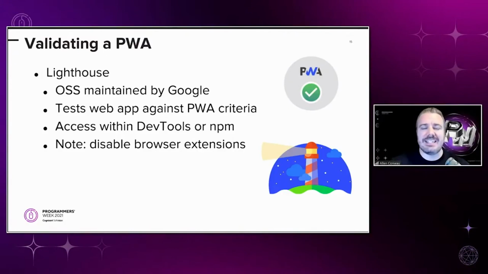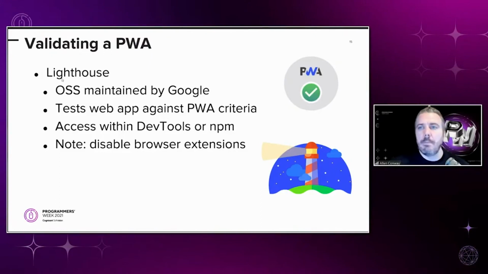This is a convenient little tool that we can run against our PWA, typically your deployed PWA, to see how it is measuring up against the criteria for a PWA. If you don't want confusion, you can disable browser extensions or run it in incognito to run the test. And so let's take a look here.